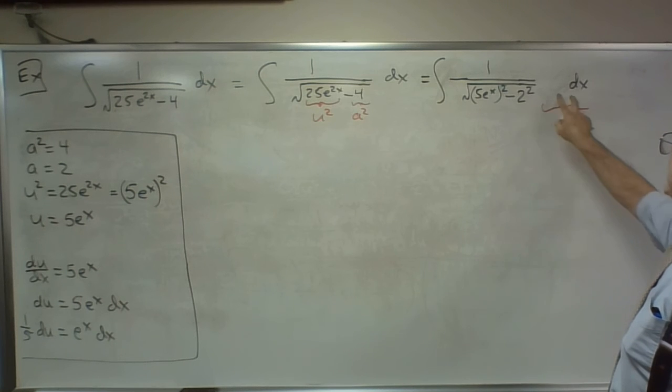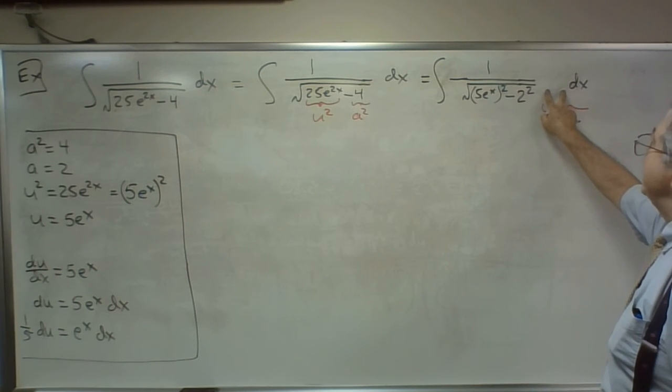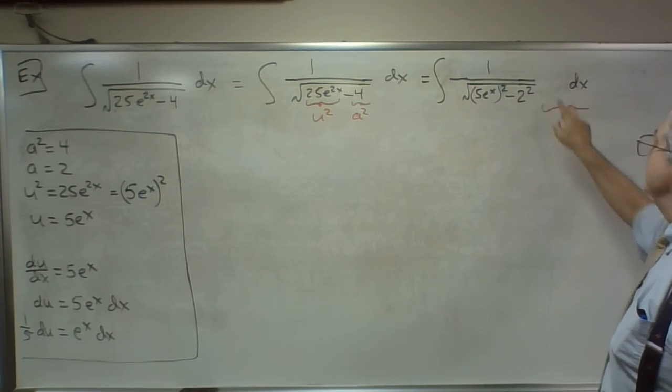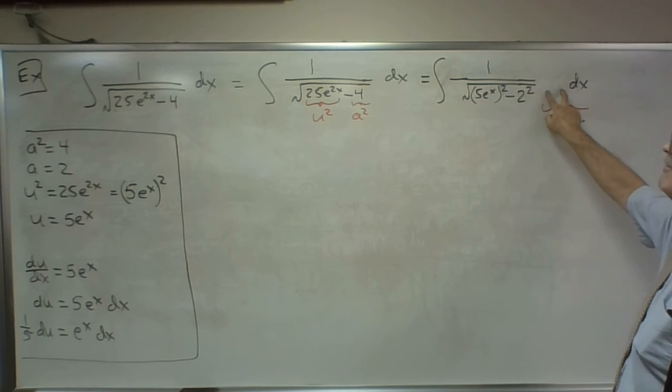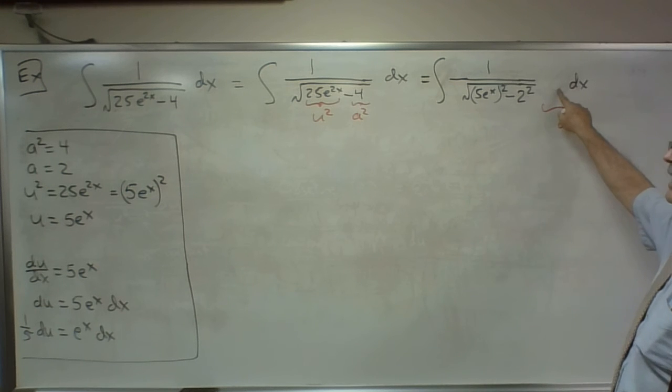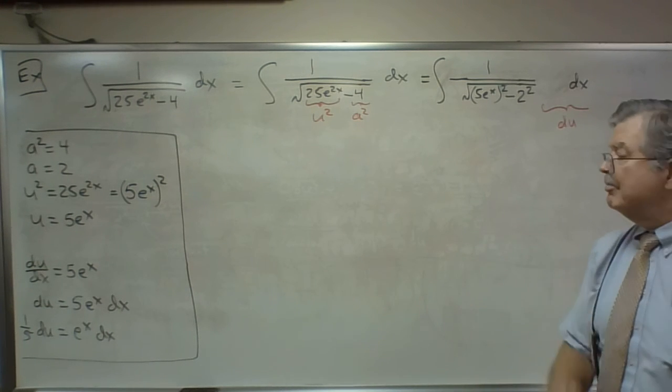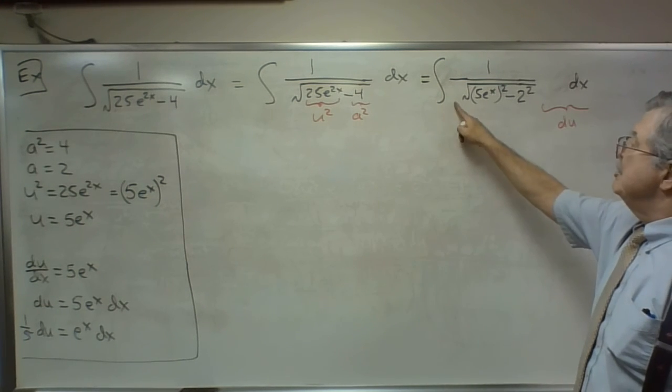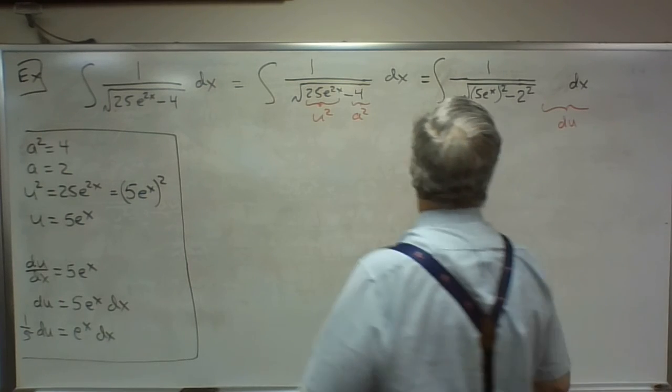To get du, I would like to have 5 e to the x here. And I ain't got it. And that's not my only problem. I need a u out front here.